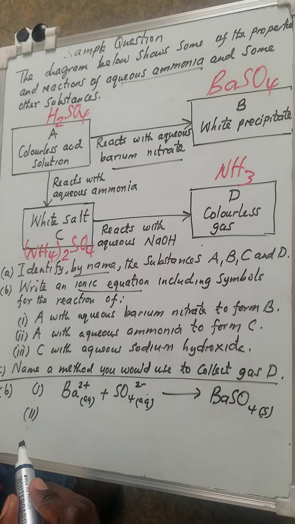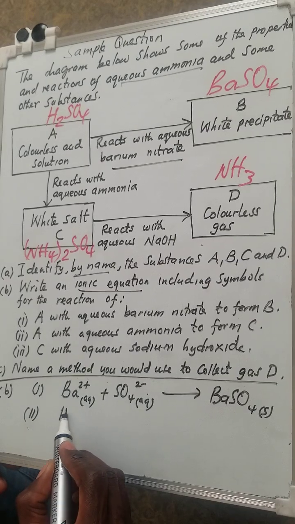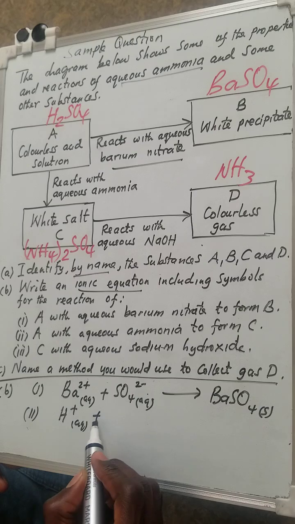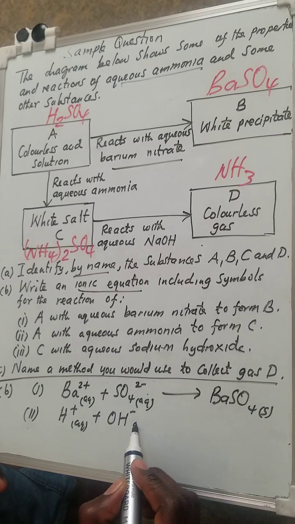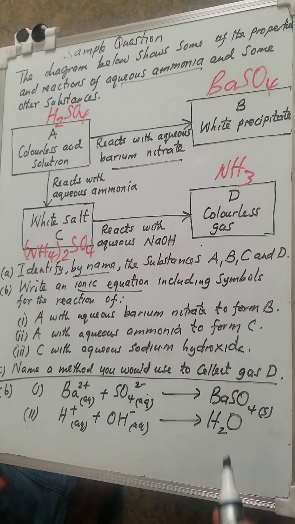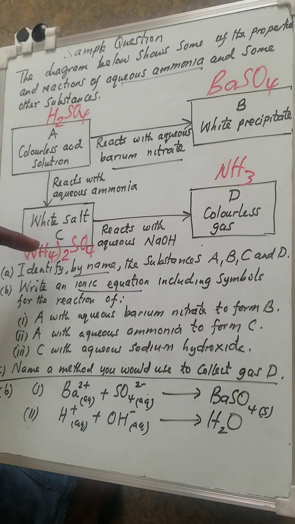So the overall reaction that will take place is hydrogen ions in aqueous plus hydroxide ions in aqueous forming H2O. Remember, sulfuric acid plus ammonia solution gives ammonium sulfate, but water is given out in the process, and that is the ionic equation that we are going to have.